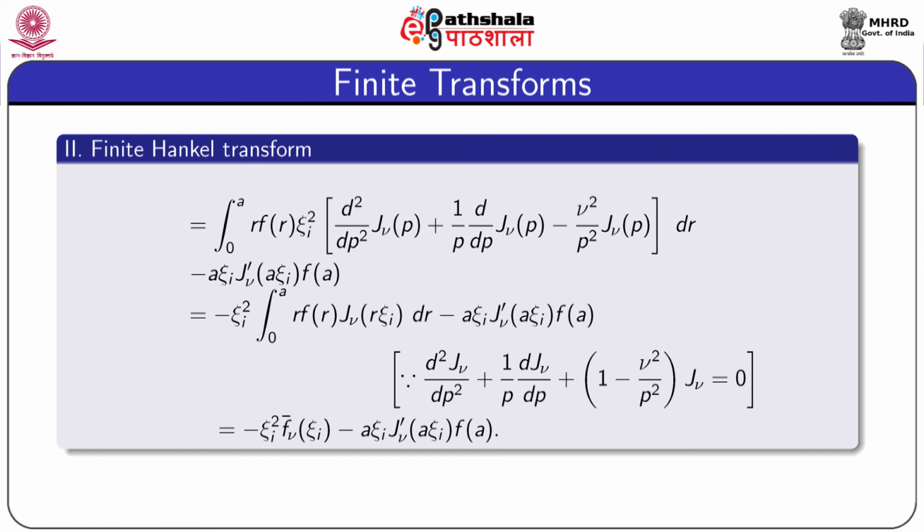The first integral is nothing but the finite Hankel transform of the function fr, and we denote that transform by f bar nu. So, the Hankel transform of the expression where we have started becomes minus xi I square f bar minus a xi I j nu dashed into f a.